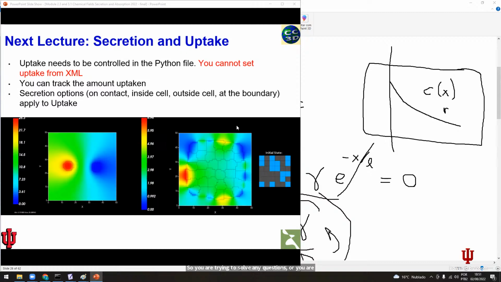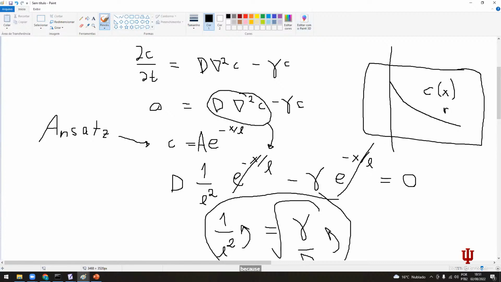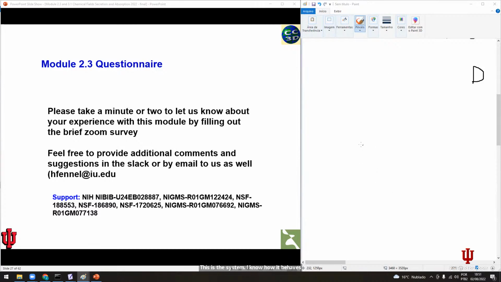So there is a solution, and you imagine, this solution must be like this, must have those properties, because I know this system. I know how it behaves, then I know more or less how the solution should be.